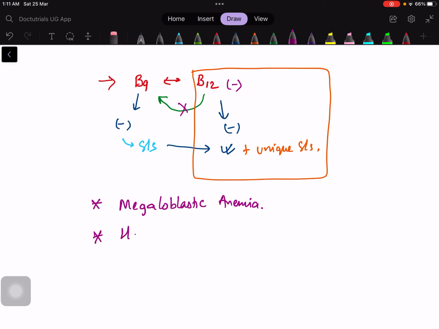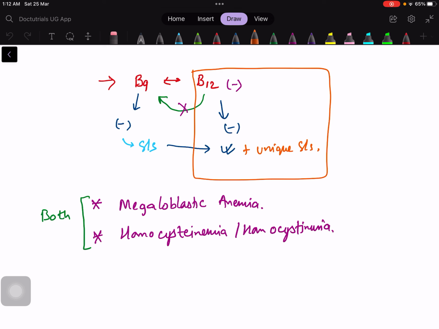Second, you are going to see the incidence of homocystinemia or homocystinuria. I'll show the set of reactions which are involved in this phenomenon, and then the picture will become clearer. From our prior discussion, what you have to remember is that these will be present in both B9 and B12 deficiency. Now B12 deficiency will give you some additional features. What are the additional features?